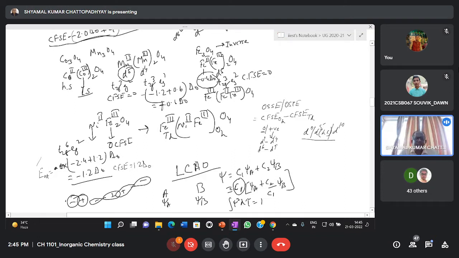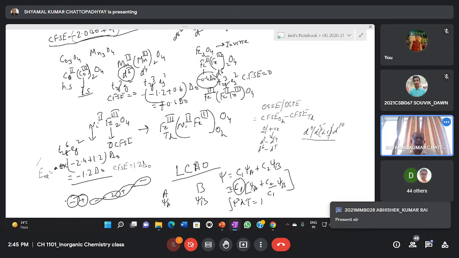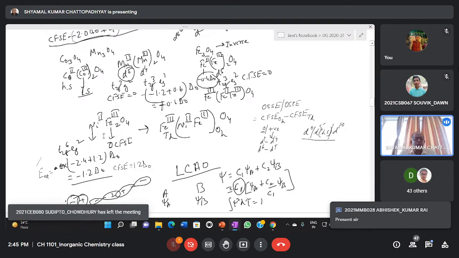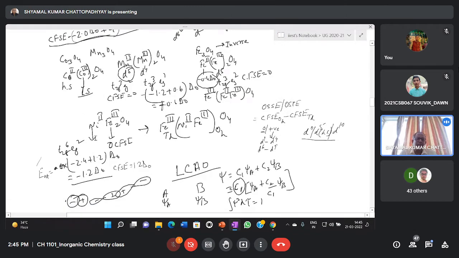So in general it is found that if the crystal field stabilization energy of the trivalent metal ion is lower than that of the divalent metal ion, we will have inverse spinel structure, and this is nicely illustrated by your Fe3O4 or NiFe2O4 structure, because of the higher crystal field stabilization energy of the bivalent metal ion like nickel 2 or ferrous, they move away from the tetrahedral site to the octahedral site.